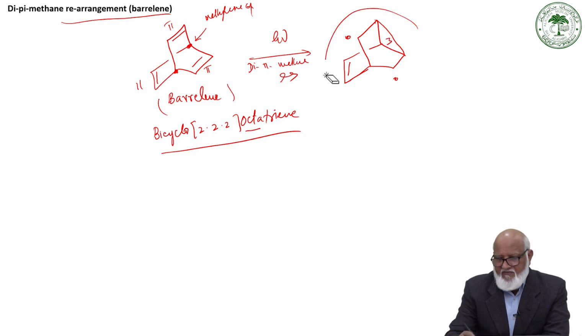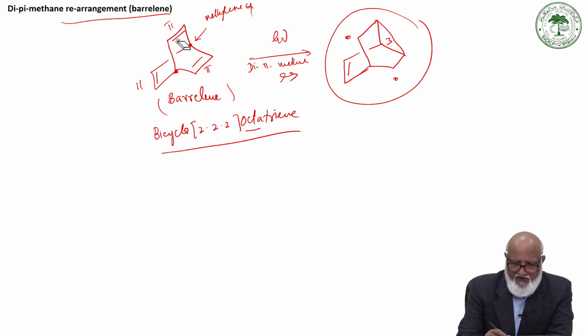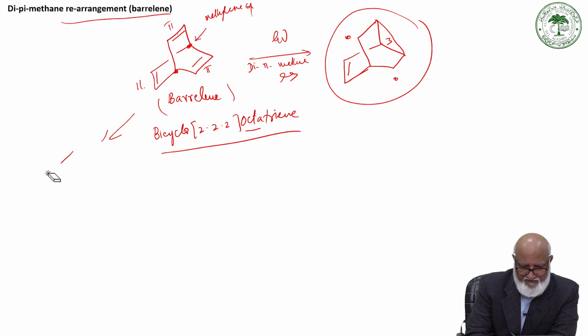This is the intermediate which is formed. If we combine, if we take these two double bonds, then we end up with a cyclopropane with this diradical here.